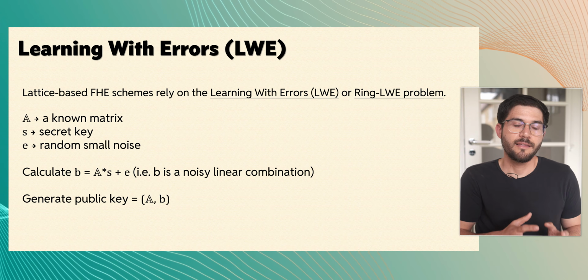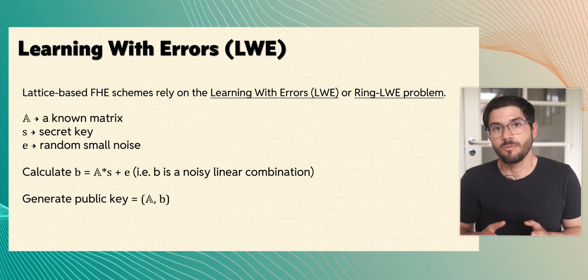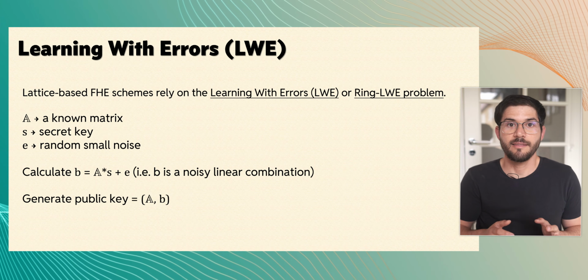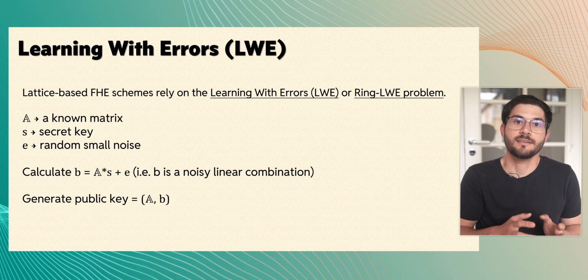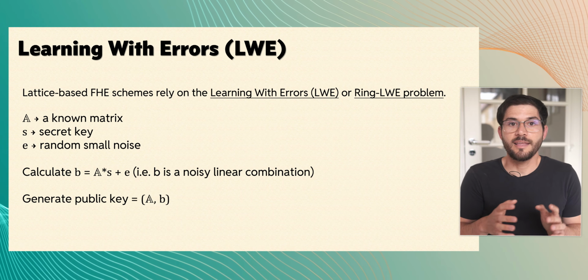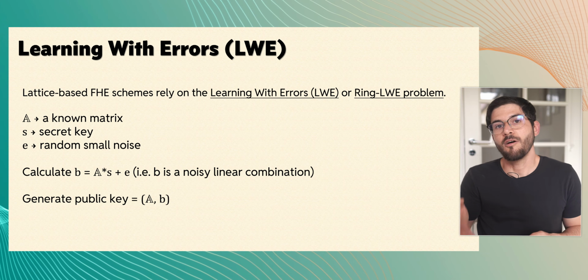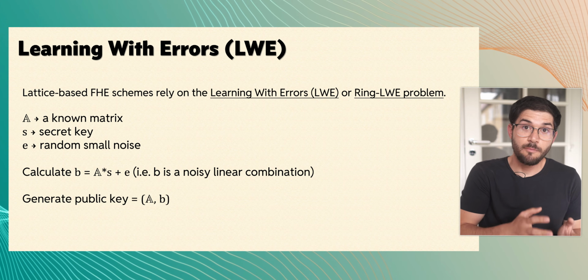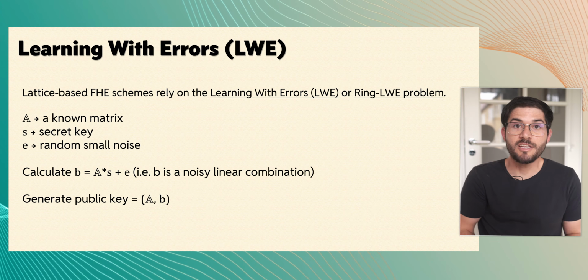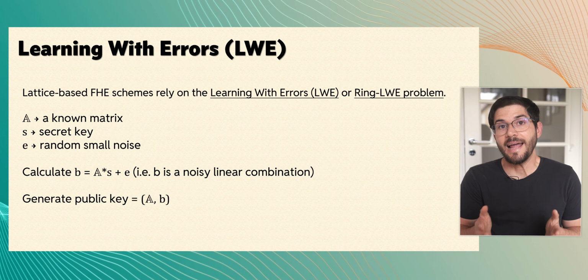Then you calculate B, which is equal to A multiplied by S plus E. I mean, B is a noisy linear combination. And then you generate the public key A, B. Notice that A multiplied by S is linear, so it visually forms a lattice.